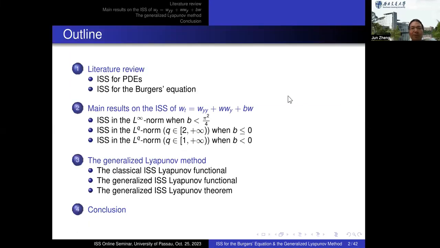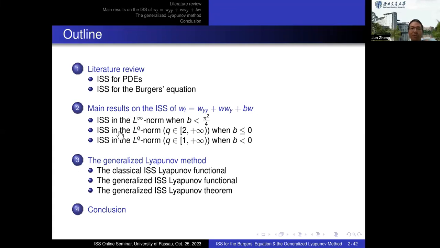So this is the outline of the presentation. In section 1, I will briefly introduce the development of ISS for PDEs and the Burgers equation. In section 2, I will present the main result obtained in this work.